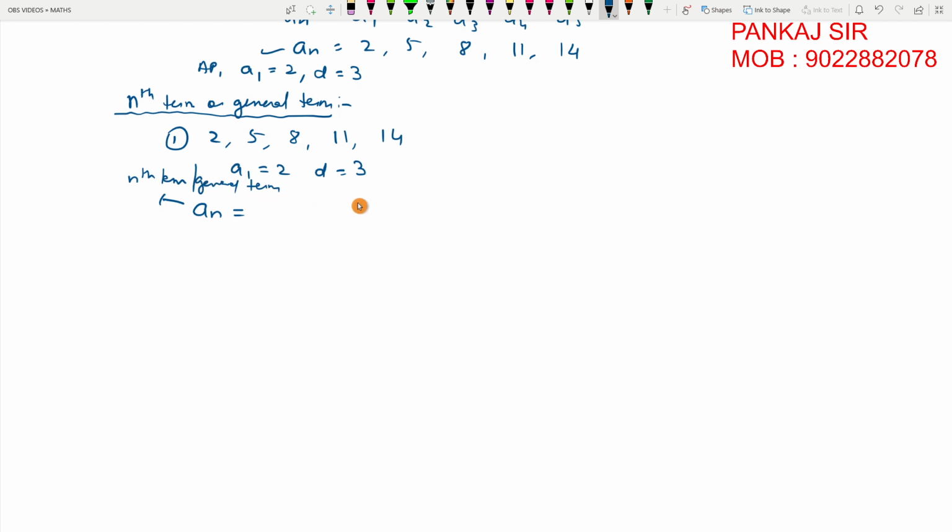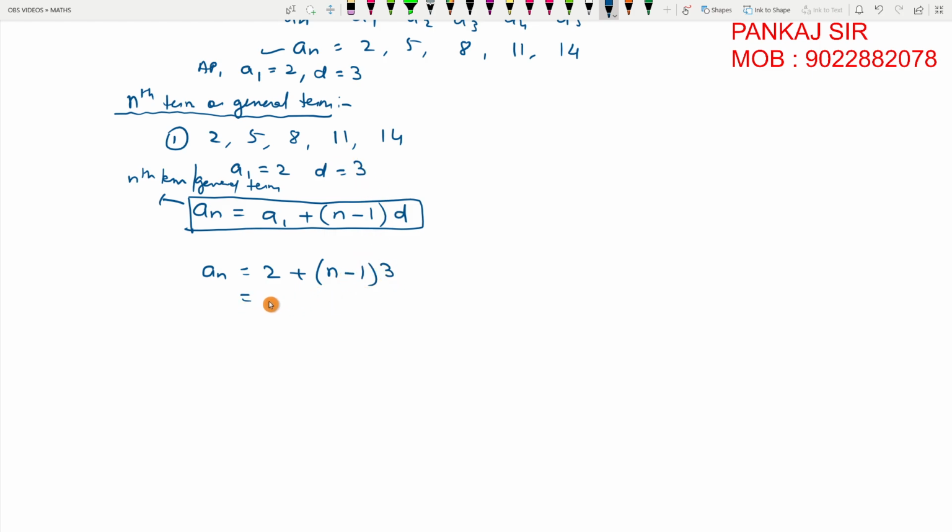The nth term, or the general term, of this particular sequence can be written as first term plus n minus 1 times d. This is the formula for the general term or the nth term. For this particular sequence, an equals, here a1 is 2, so I'll put 2 over here, plus n minus 1, and d is 3, so I'll put 3 over here.